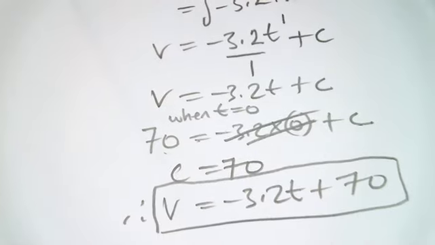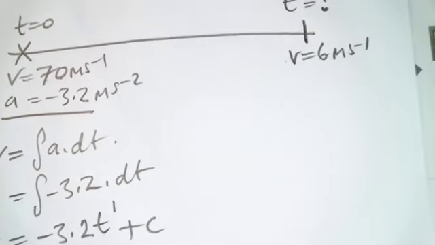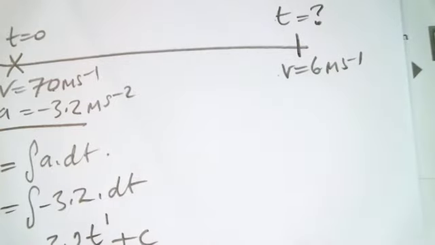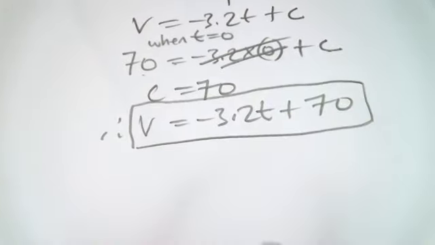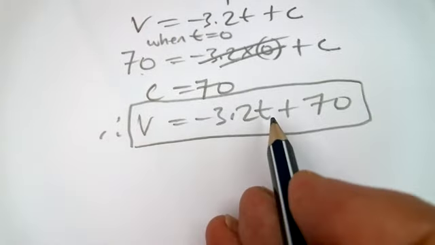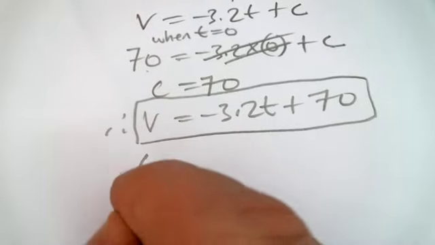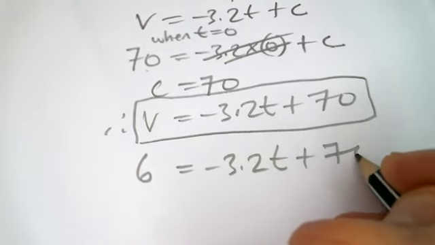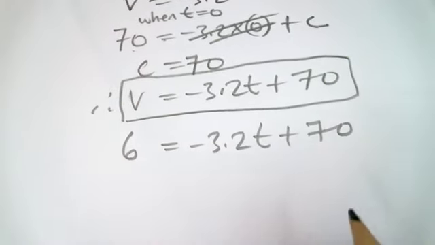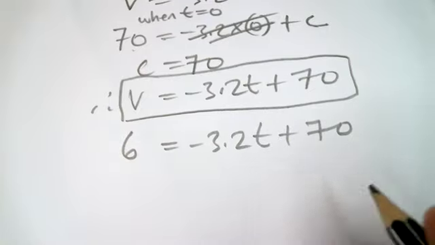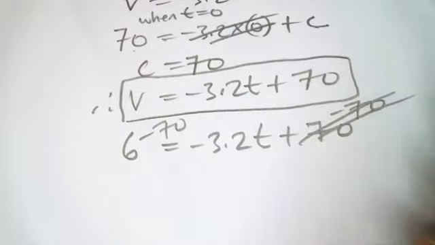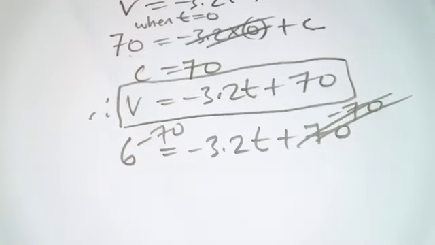Now, we want to find the time when velocity is 6. So I can make v equal to 6, and then solve for t. So 6 is equal to negative 3.2 t plus 70. First of all, I'm going to subtract 70 from both sides. 6 minus 70 is negative 64.